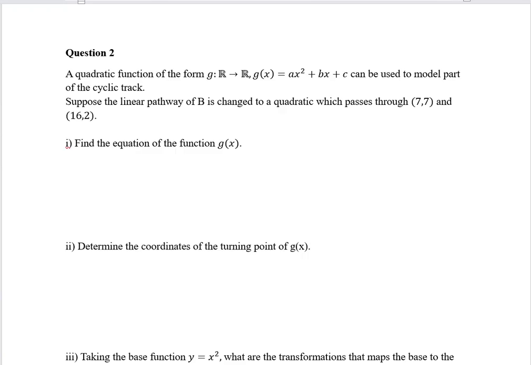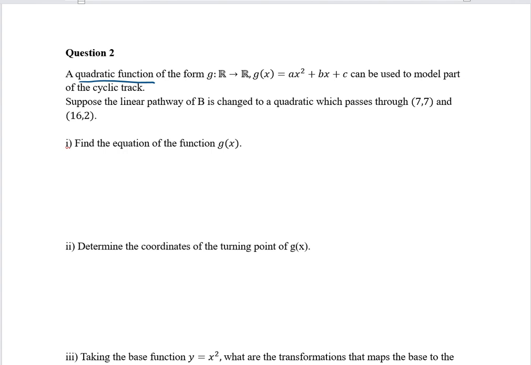This is a question that we could have had multiple different answers for. All it's saying for this question is we are wanting to look at a quadratic function of the form g with a domain of real numbers, graphed with all real numbers. G of x is equal to ax squared plus bx plus c.